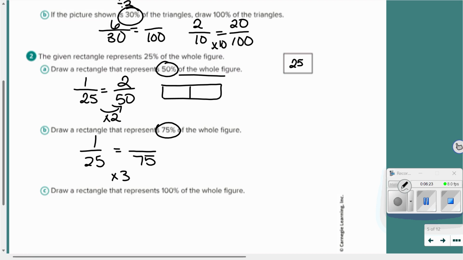So 1 times 3? Then I have, draw a rectangle that represents 100% of the whole figure. Well, my question is, if 1 was 25%, 2 was 50%, 3 was 75%, what is going to be 100%? 4.